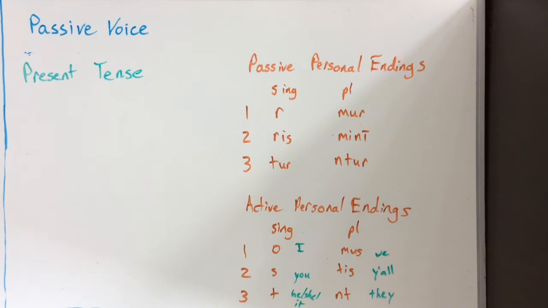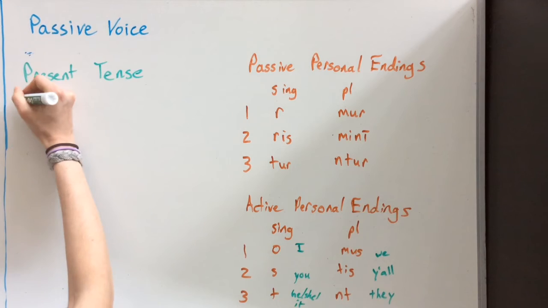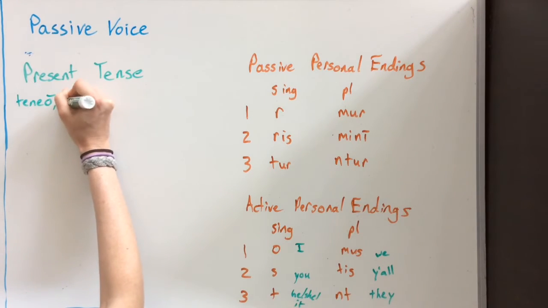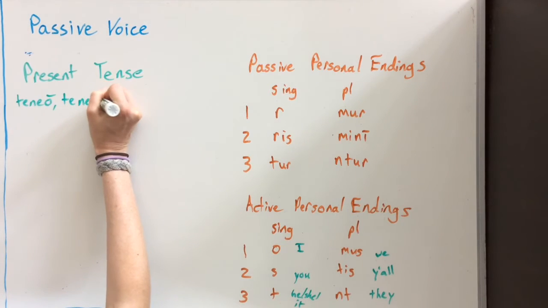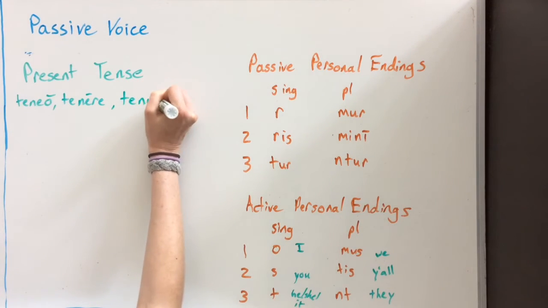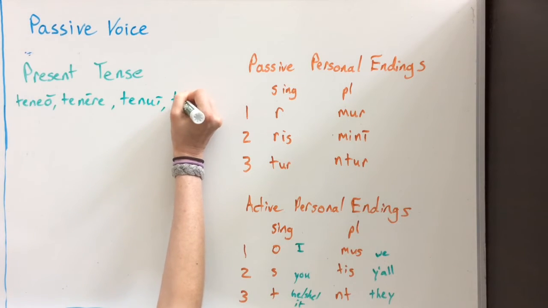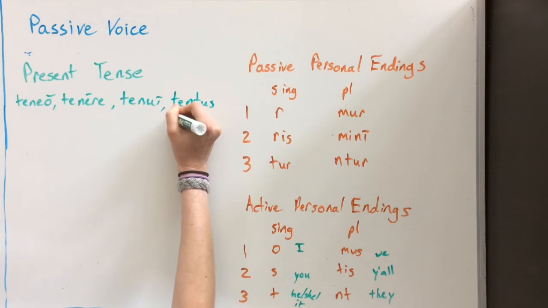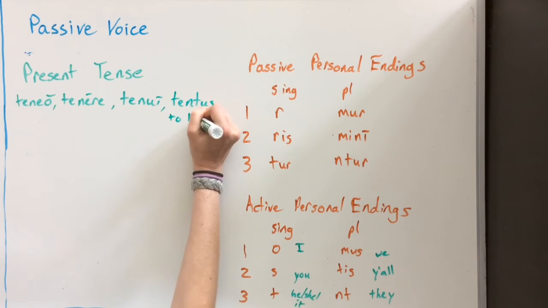For our example verb today, we're going to use teneo, tenere, tenui, tentus, which is to have, or to hold.